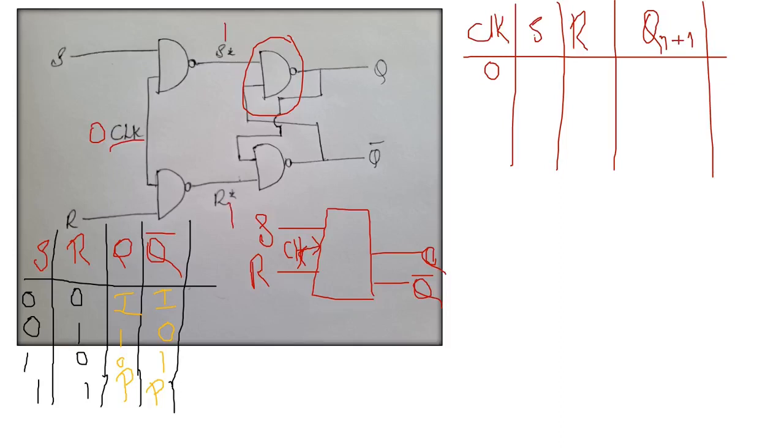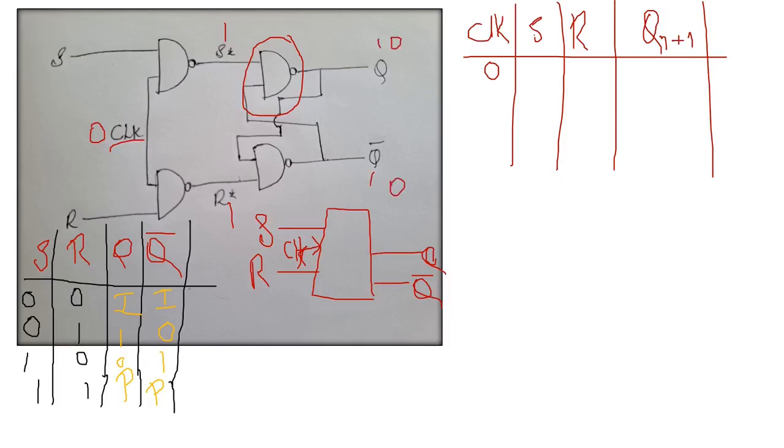From the SR latch NAND gates, if one of the inputs is 1, then we can have either 1 or 0, and here also we can have either 1 or 0.